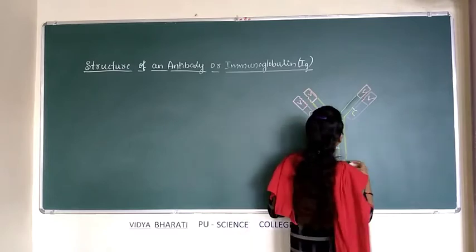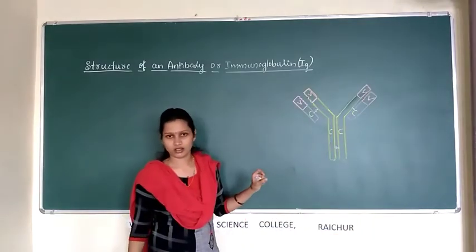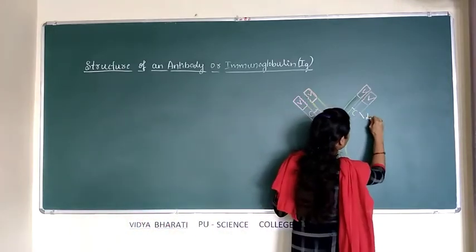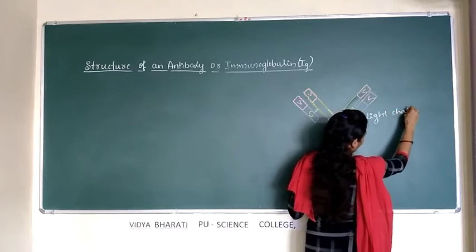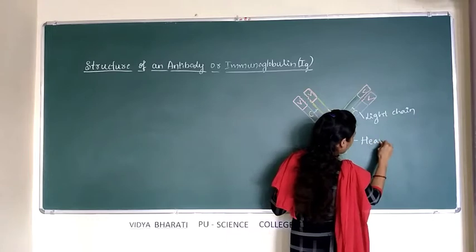Out of 4 polypeptide chains, 2 are identical small chains. They are called light chains. And 2 are identical long chains.